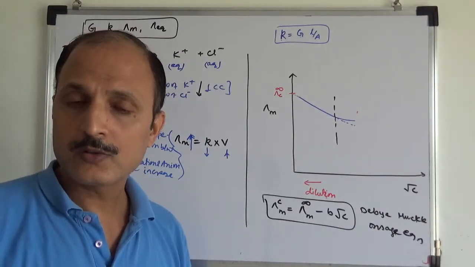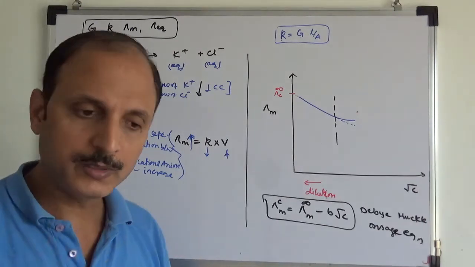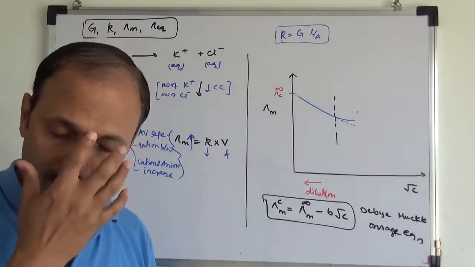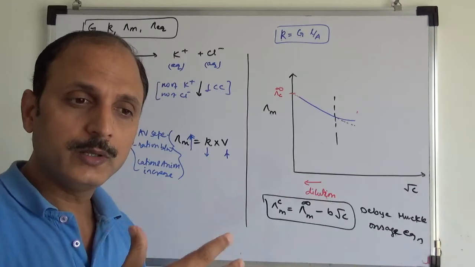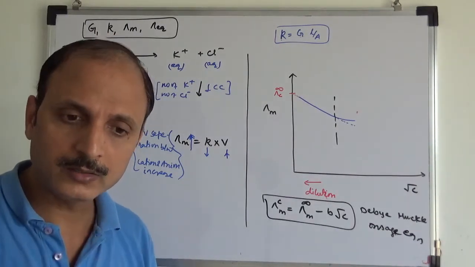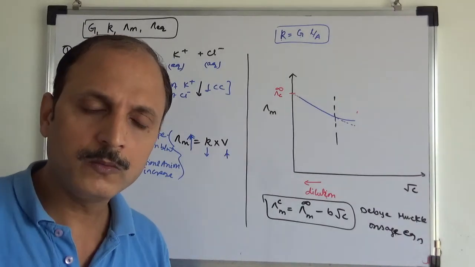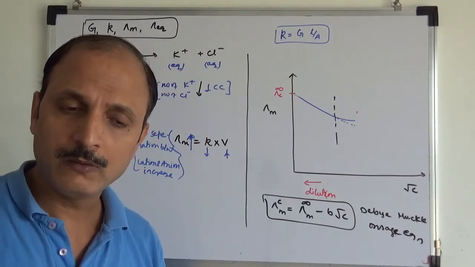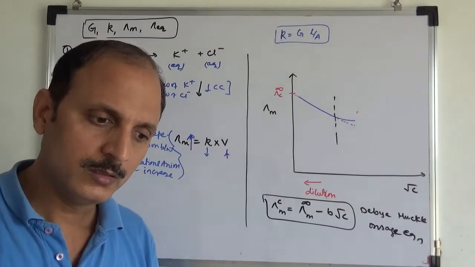Since they are strong electrolytes, cations and anions are present, so they are going to interact. If the average separation is very small, they interact with each other and hinder the flow of each other's velocities.